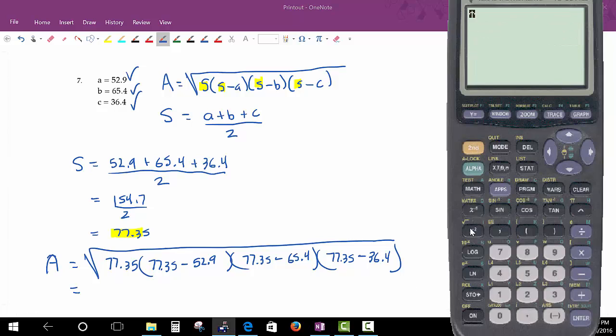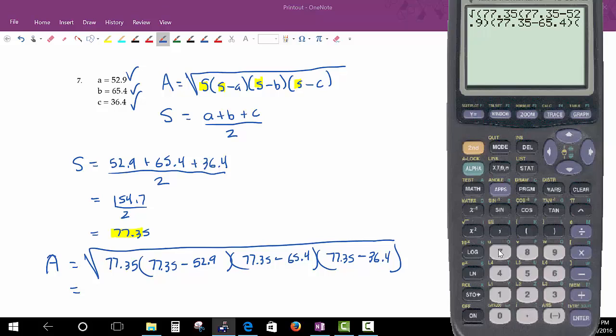All right, so I'm just going to put in square root, parenthesis, and then 77.35, the value of S, times parentheses 77.35, subtract the first side, 52.9. Okay, and then the next side is going to be 77.35, subtract the second side, 65.4.